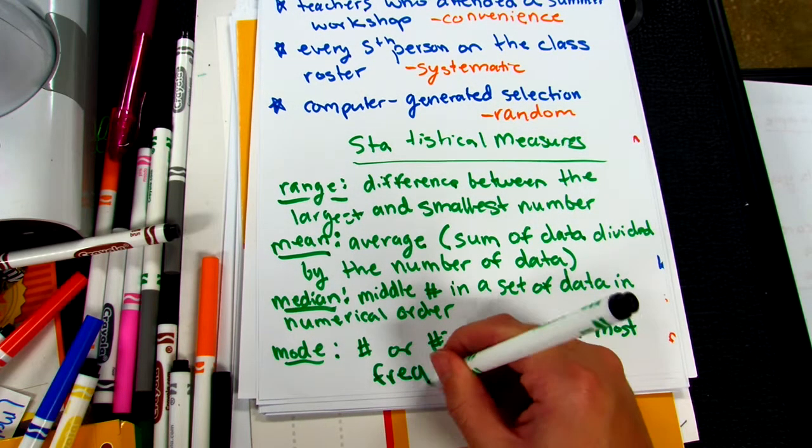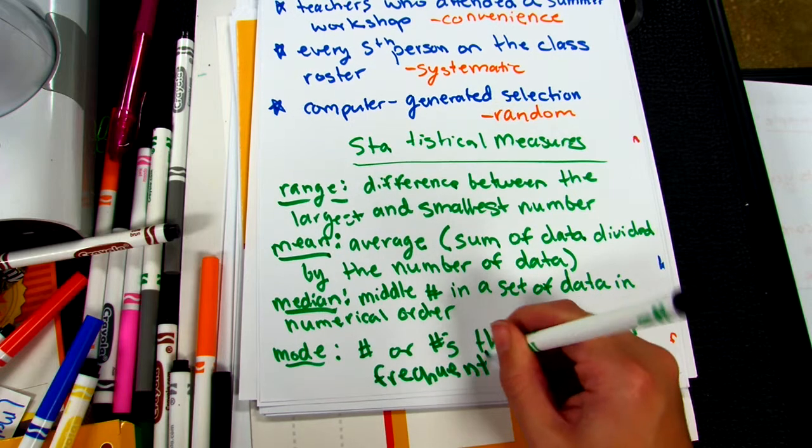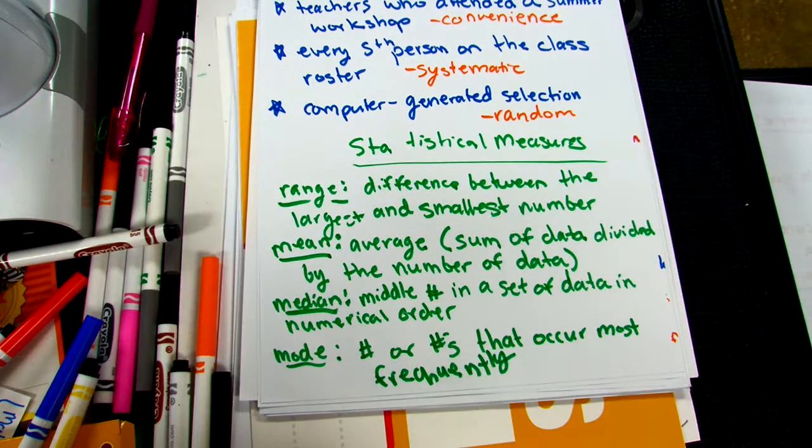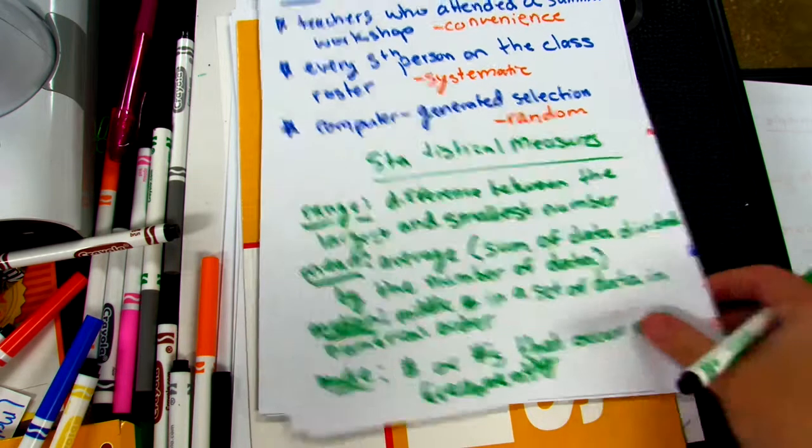Okay, so something that you need to know about the mode is that if no number occurs more than once, so let's say every number only occurs once, then there is no mode. Okay, so let's do some examples on finding range, mean, median, and mode. Okay, so this is example 3.